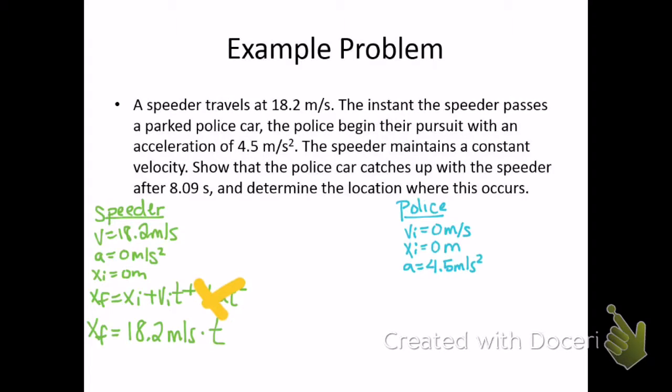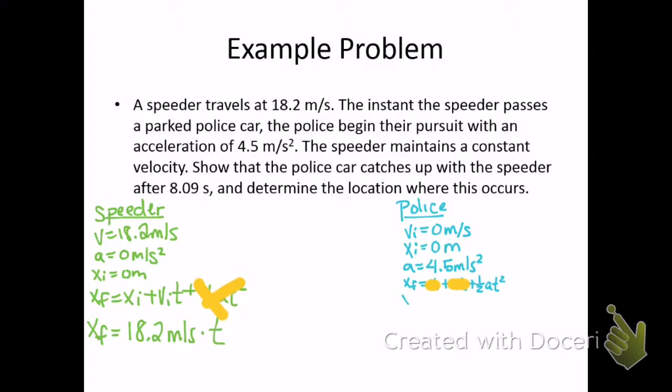We do have everything at this point to pull the information for our equation, and we are, like I said before, using that fifth equation. x_f is equal to x_i plus v_i t plus 1/2 a t squared. Like I said before, our initial position is 0 and our initial velocity is 0, so we will zero out those two terms.